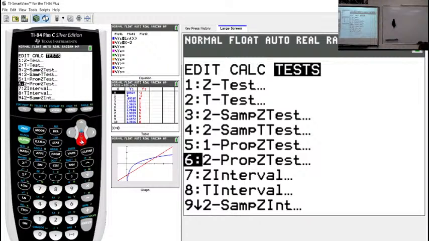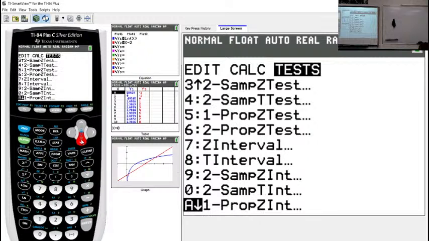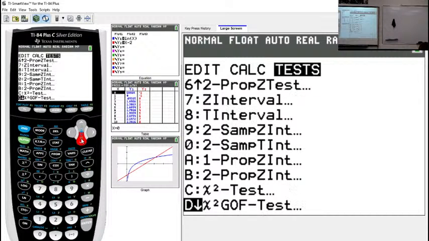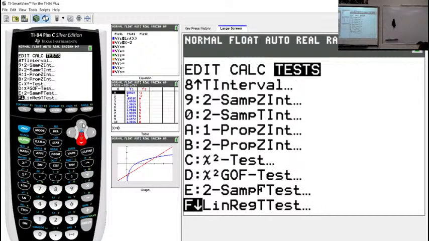Then we also have the same things for the confidence intervals. So we have one sample and two sample for proportions and means with the confidence intervals. And then we have a chi-square goodness of fit test. Remember, that's when we just have one variable, one set of categories that we're looking at the distribution of.